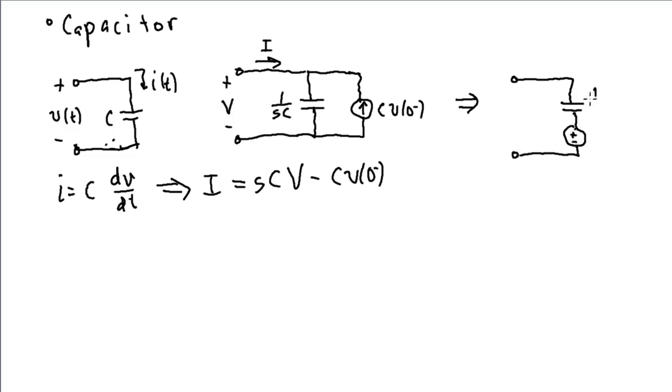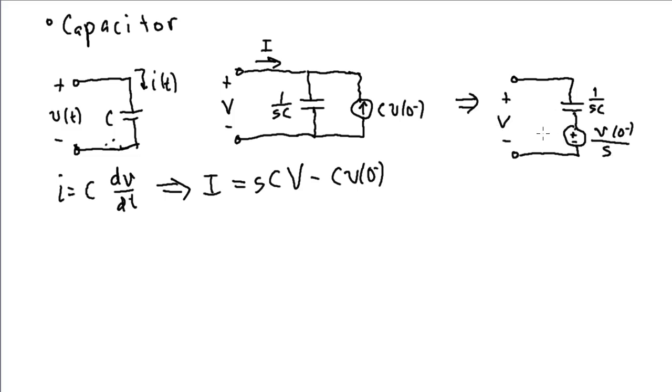The impedance here is the same in both these pictures. The voltage here is actually this current times the impedance, so C V0 divided by SC, so the Cs would cancel, and the voltage in this source would be V0 over S.